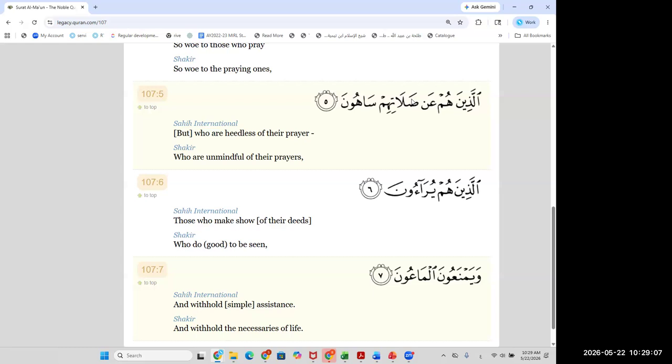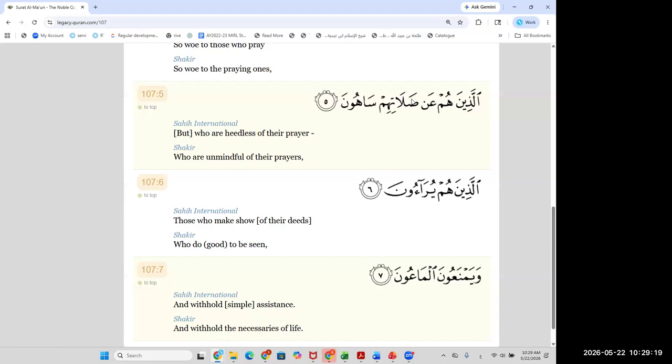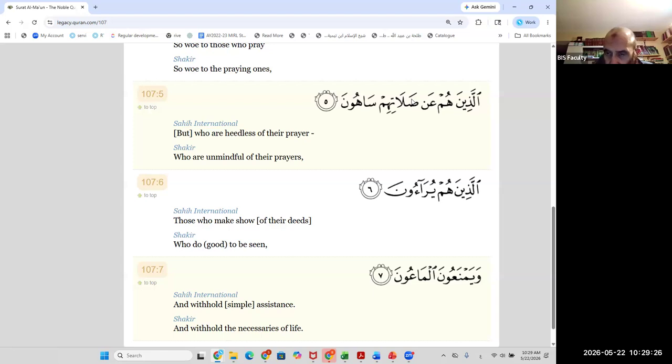Okay. So in this case, the khabar is a jumla itself, and you can break that up further. The khabar, you mean a جملة فعلية? Yes, hum is the mubtada, as you said. Yura'un is the khabar, but the khabar in this case is a jumla fi'liya.